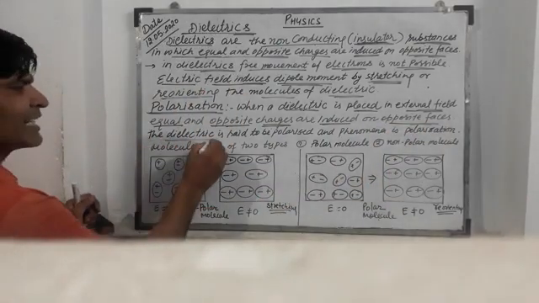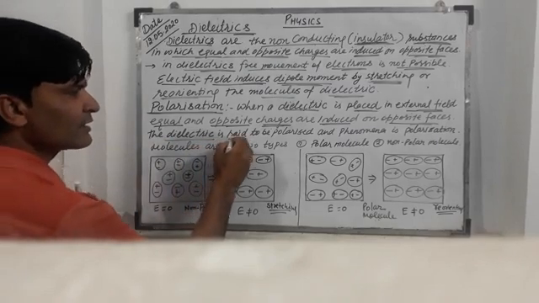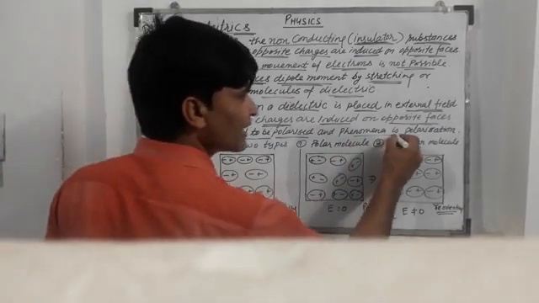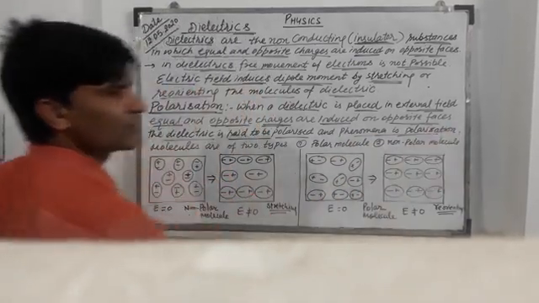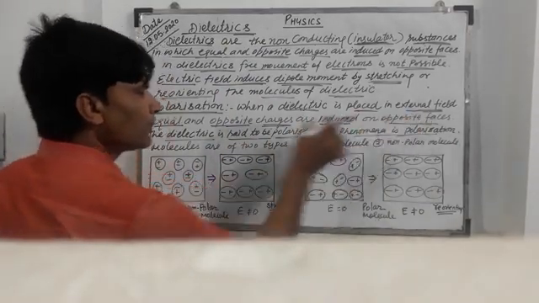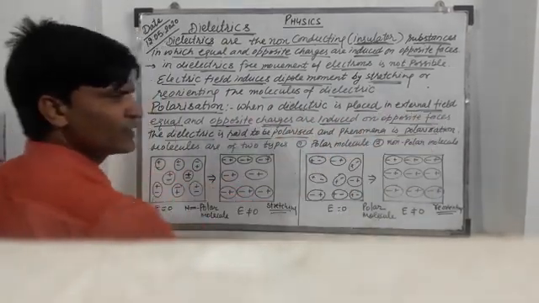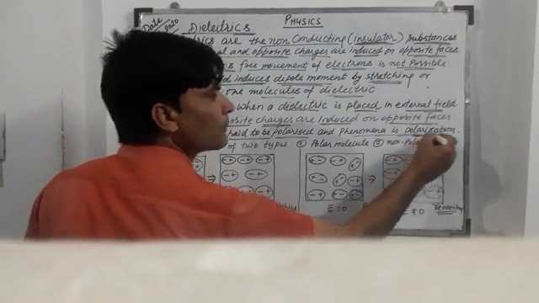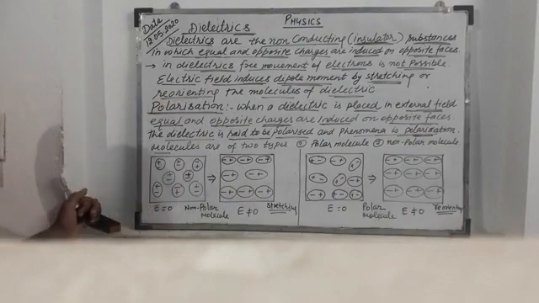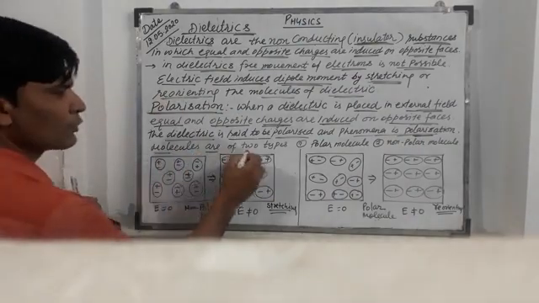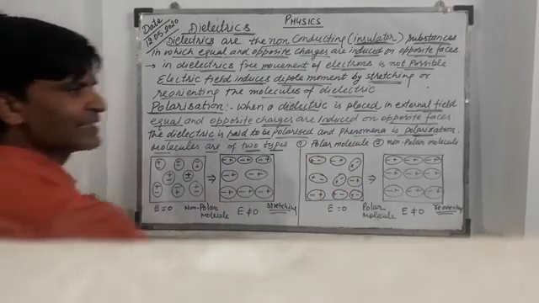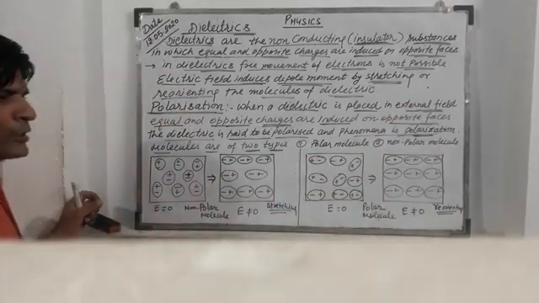The dielectric in this condition is said to be polarized, and the phenomenon is called polarization. Now, on the basis of polarization, molecules are of two types: one is polar molecule, second is non-polar molecule.